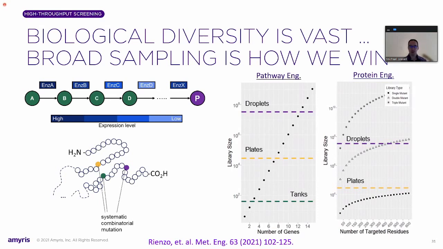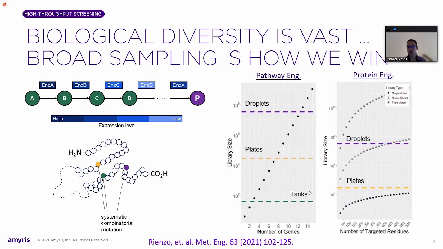But just to illustrate the complexity, in the left graph, you can see if we were optimizing a strain with anywhere between 2 and 14 genes being optimized, and we had 4 different promoter levels driving those genes, the library size increases combinatorially as we go across that.